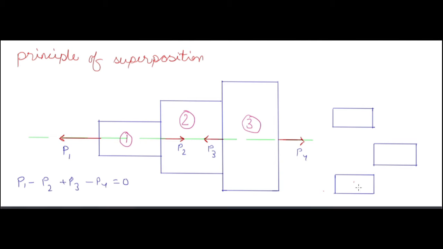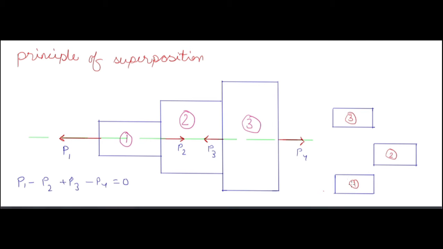The principle of superposition is shown in this diagram: 1 is one length having one area of cross section, then 2 is another length having a different area of cross section, and 3 is a different length with a different area of cross section. This is a bar of three different areas of cross section at different positions and lengths.